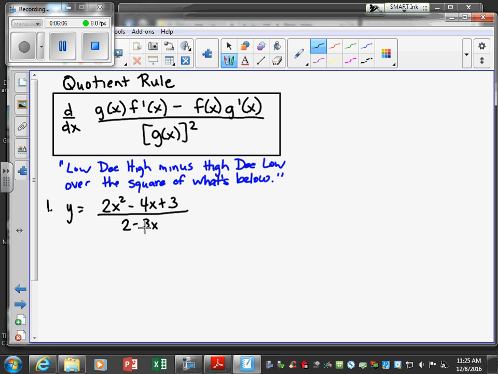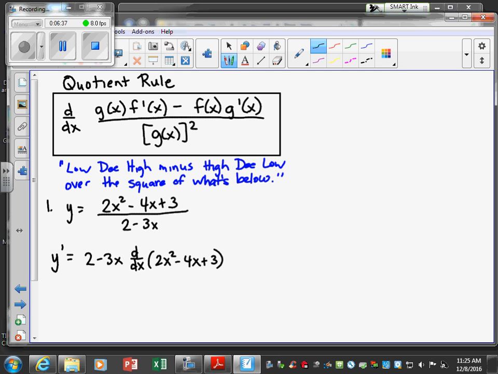So you take low times the derivative of the high term, minus the high term times the derivative of the low term, over the square of what's below. That's basically our rule right here. So let's see how that actually looks when I write that out. Okay, so low times the derivative of the high, low d high, so we're going to do the derivative of the high term.